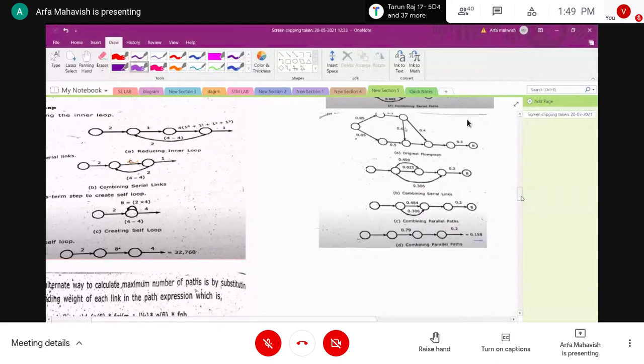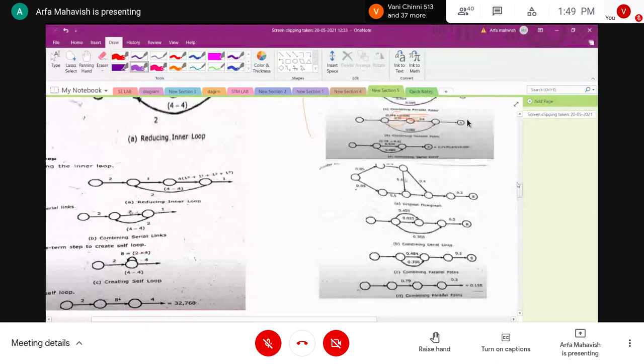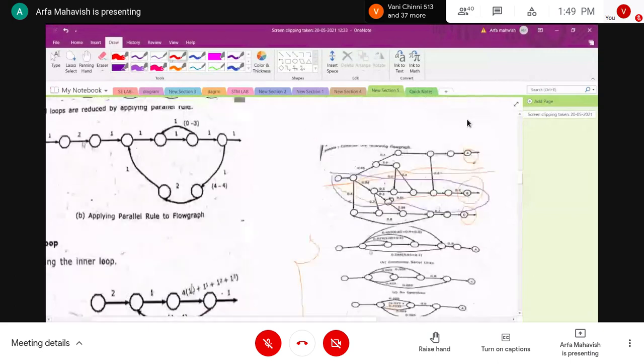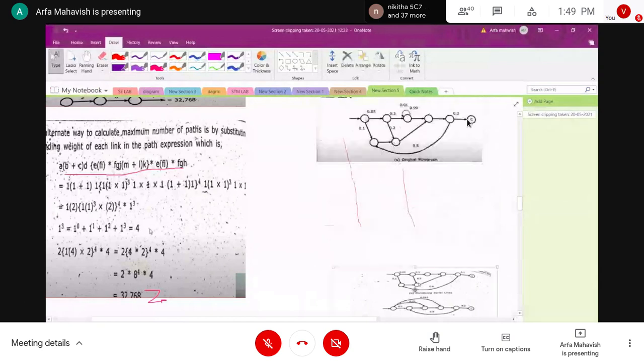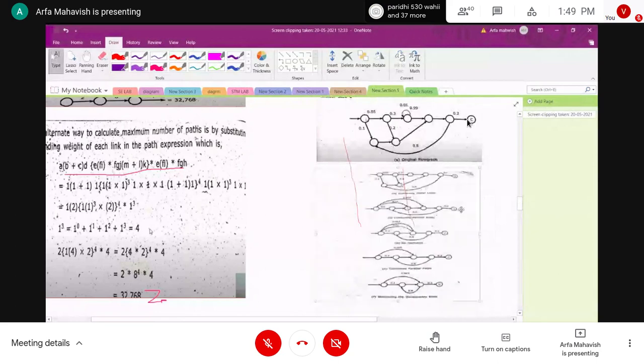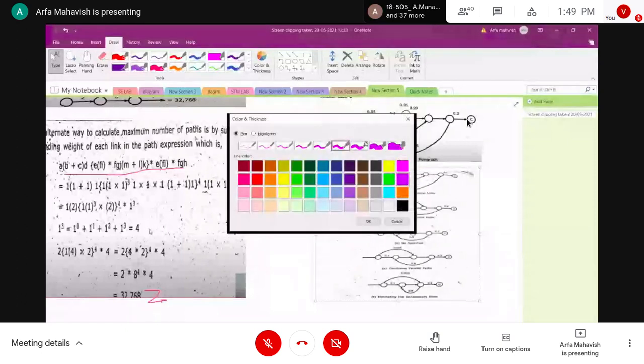Next we will go with case 3. This is your case 3.